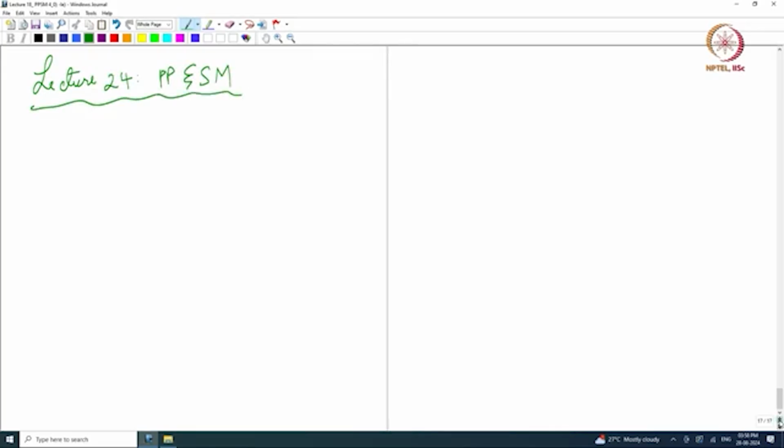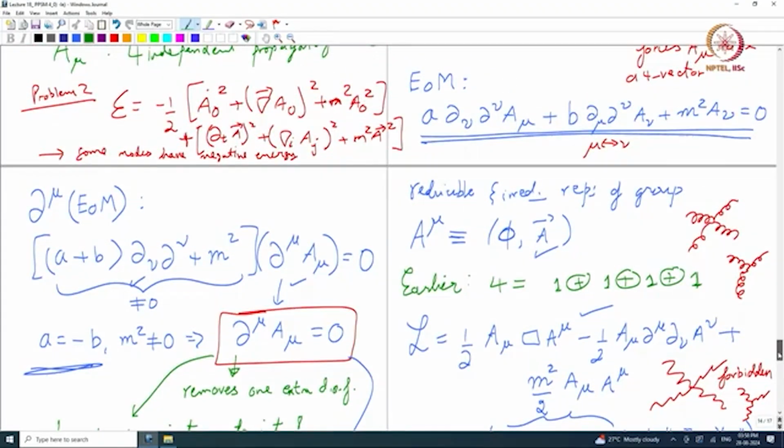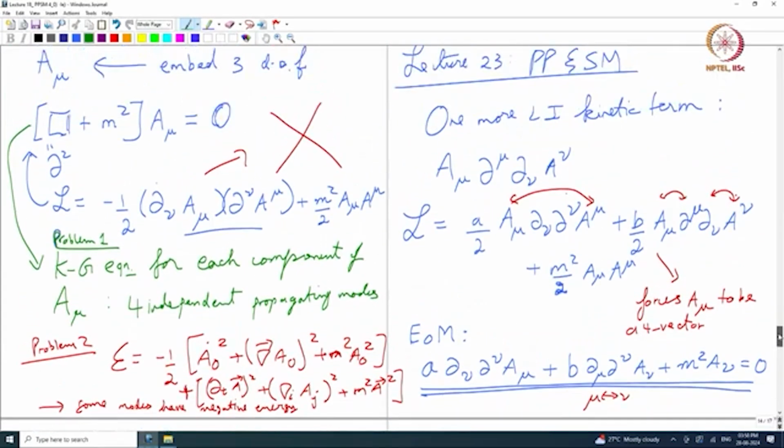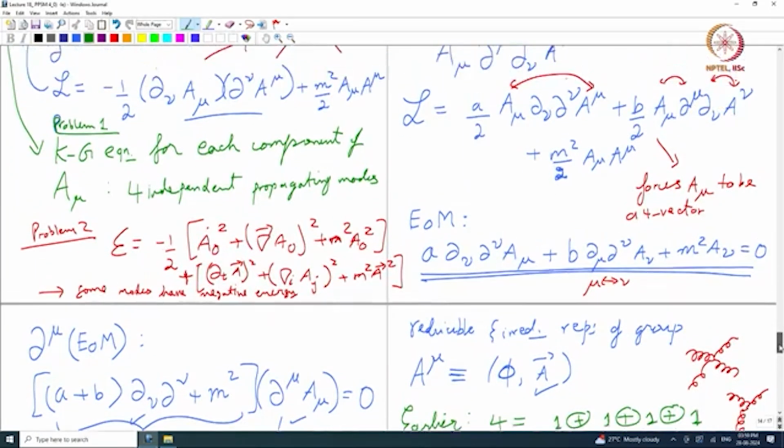So, in the previous lecture we saw how to successfully embed a massive spin 1 particle with 3 degrees of freedom into a field theory without compromising on the field into which you are embedding this being a 4 vector, a Lorentz 4 vector, right.